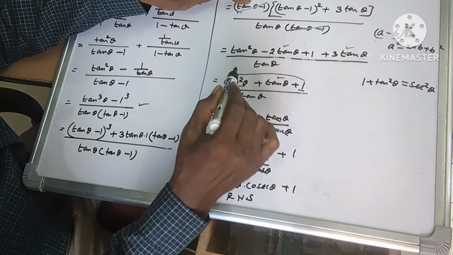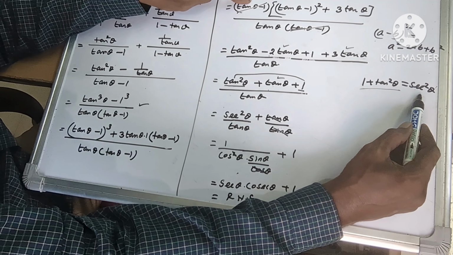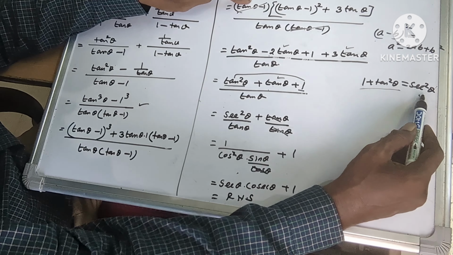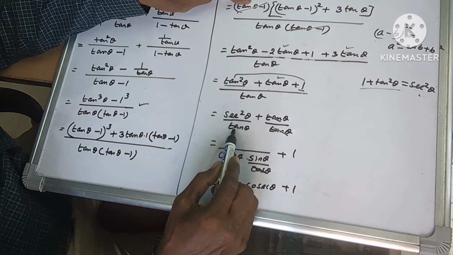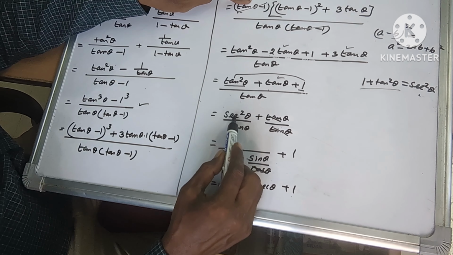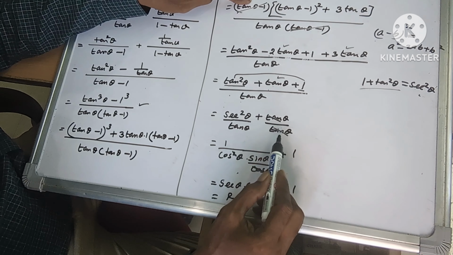And 1 plus tan square theta, these two we combine. 1 plus tan square theta is secant square theta. This tan theta is here. Now we make this into two terms separately, here tan theta, here also tan theta. This tan theta cancels.